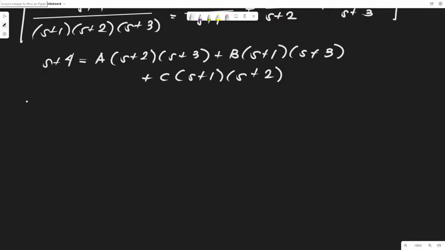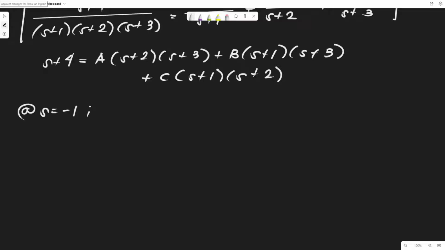So again, values of s that will make the denominator 0. Pag mga ganito, mga multiples na linear lang naman yung factors, you can just simply get the negative nung value na s that will make the multiple 0. For example, at s is equal to negative 1, yung s plus 1 is magsi-0.